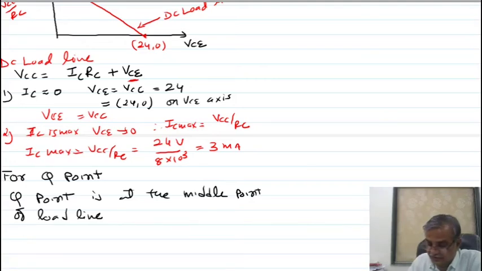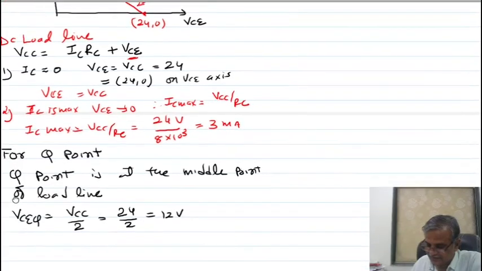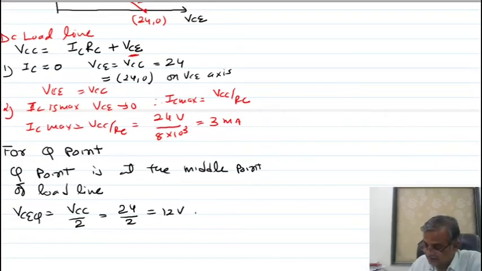That is nothing but I can write VCQ is equal to VCC by 2. That is nothing but 24 by 2, that is 12 volt. And ICQ is nothing but 3 milliampere by 2, it is 1.5 milliampere.